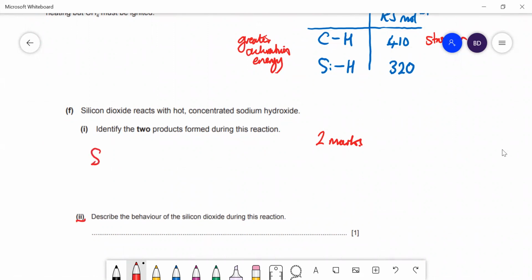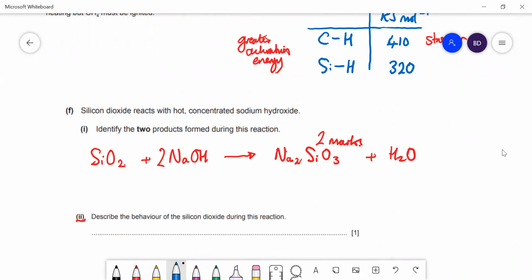Here we get SiO2 reacting with NaOH, and it forms sodium silicate, which has the formula Na2SiO3, and you also get water. So they're the two products. It doesn't ask you for the equation, actually, does it? It asks you for the two products, which are sodium silicate and water.